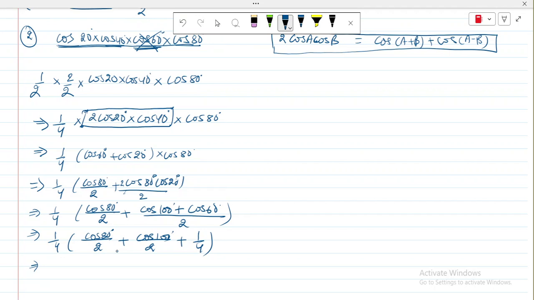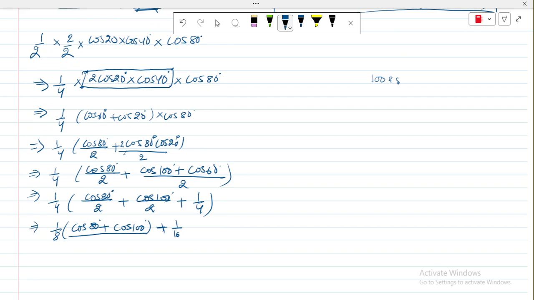So tell me what cos 80 plus cos 100 should become. So 2 into cos 90 into cos 10 will be 0. Because 80 and 100 are supplementary, okay? So cos 100 or cos 80, anything you can change.